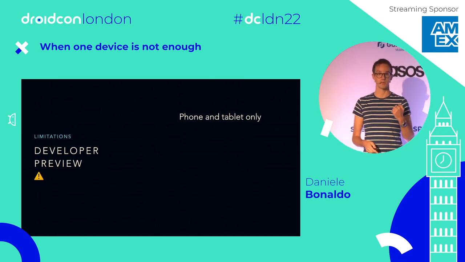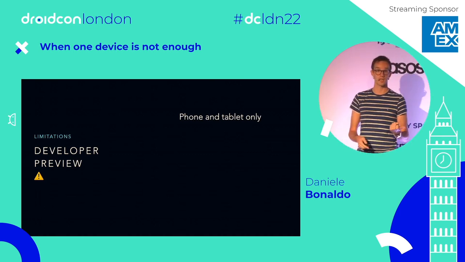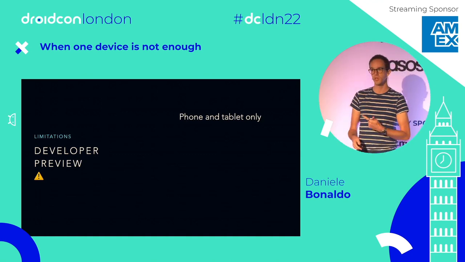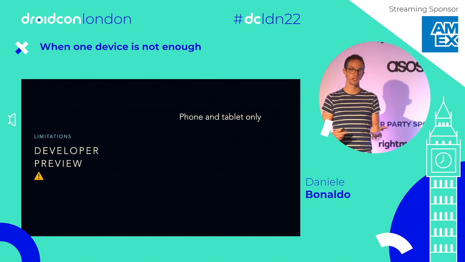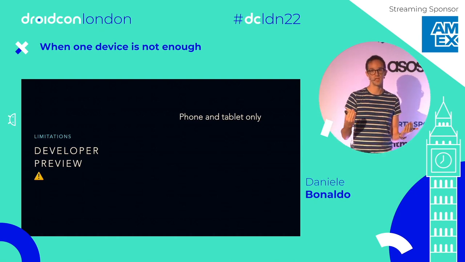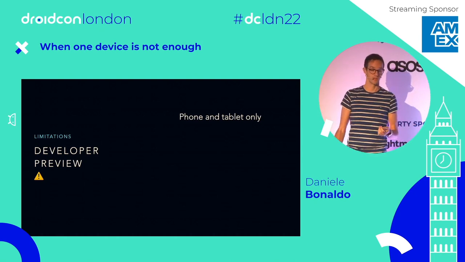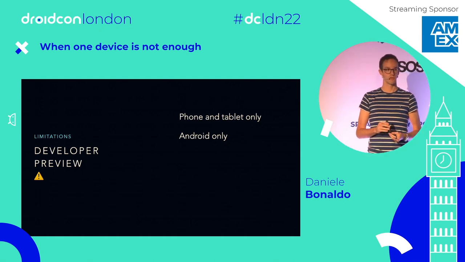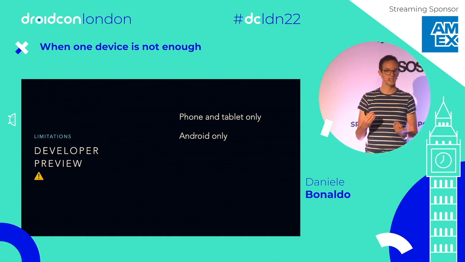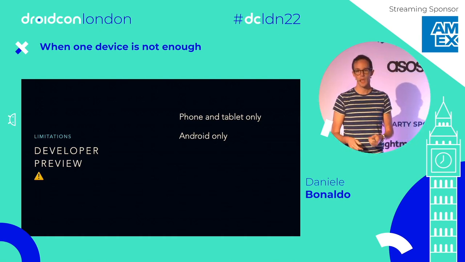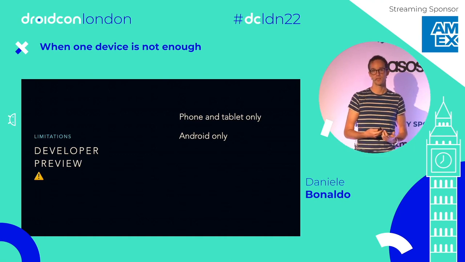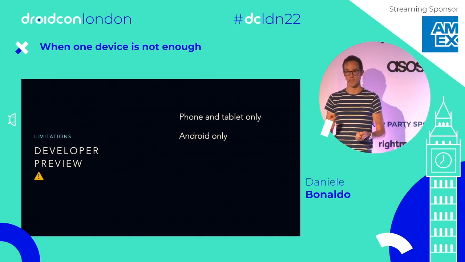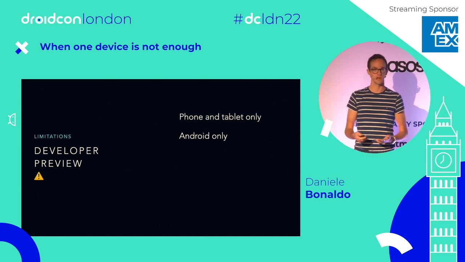So imagine it's going to be good for cars, for example, for TVs to cover some of the scenarios that I showed you, watches to synchronize data between your phone and the paired watch, and other kinds of devices. At the moment, it's only for Android, so multiple devices, but they must be running Android, while there is already a plan to release it for iOS, desktop, Mac, and Windows, so it's going to cover way more scenarios.